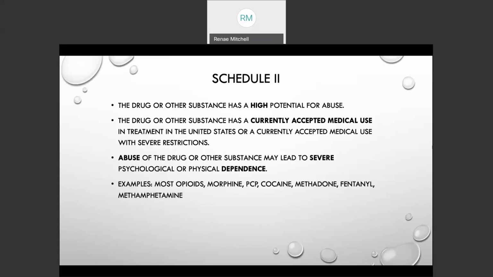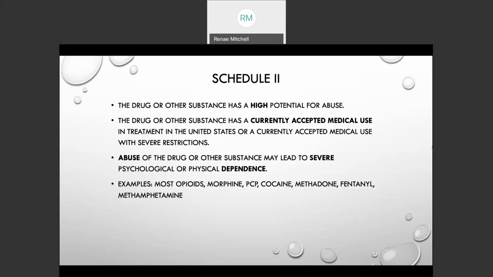Schedule 2 drugs are still drugs that have a high potential for abuse. So they're the same as Schedule 1 in terms of a high potential for abuse. But the difference is Schedule 2 drugs do have a currently accepted medical use. They also, though, in this schedule, again, going from most to least severe, may lead to severe dependence, either psychological or physical dependence.